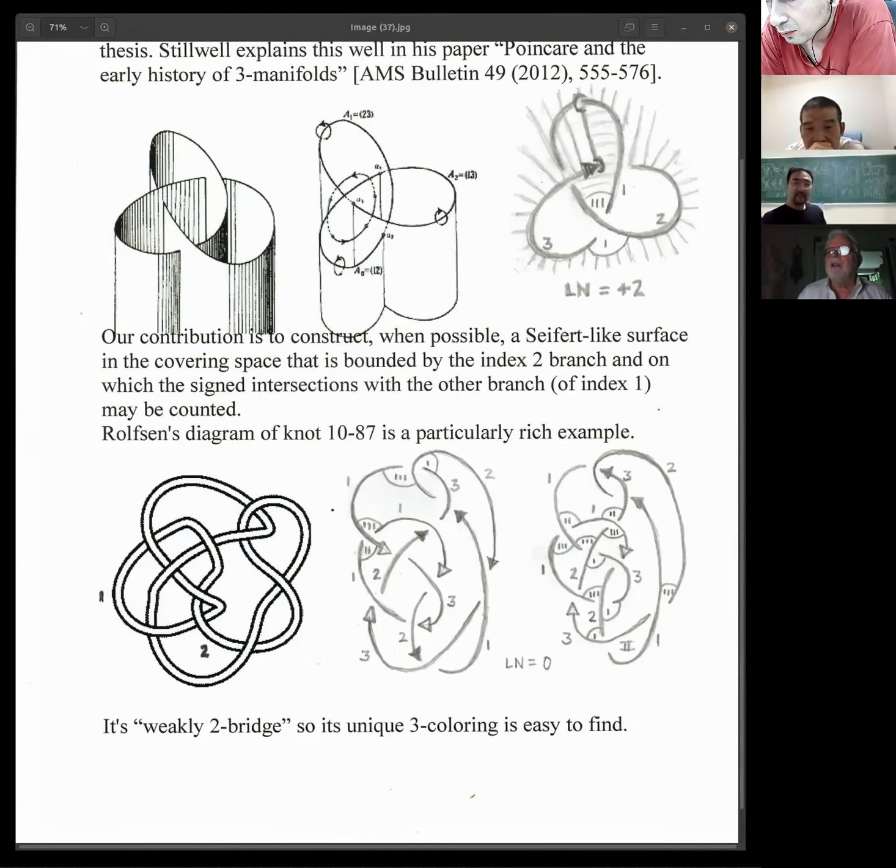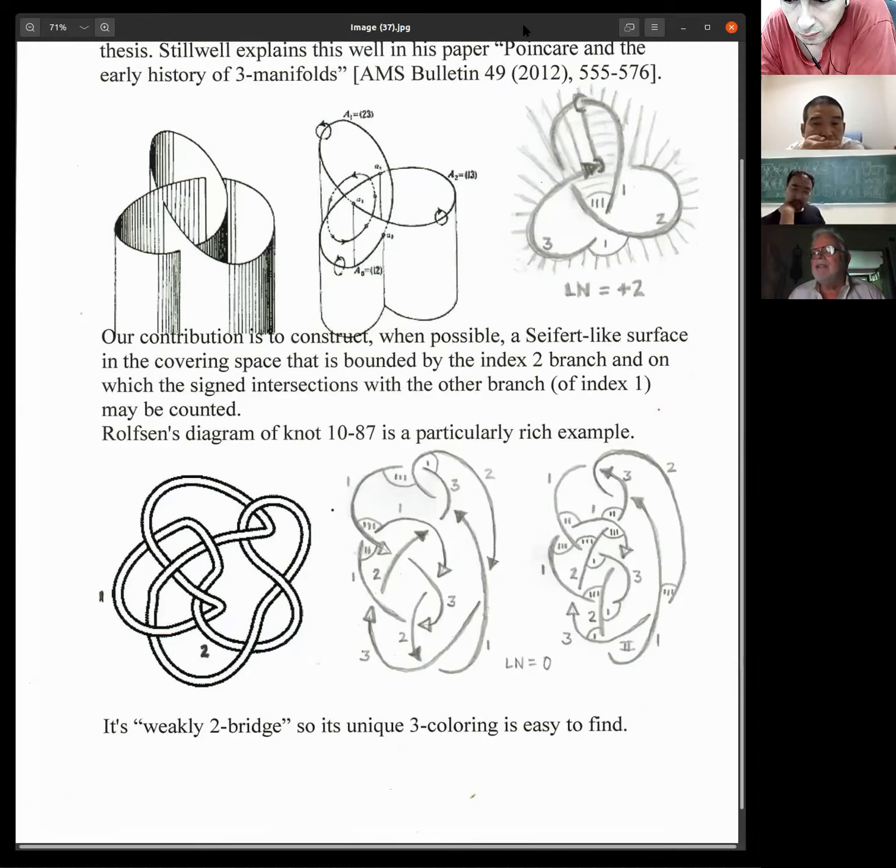The index 1 curve, for example, lives above the upper left segment in copy 1, and it lives above the upper right segment in copy 2. So you can actually follow where the index 1 curve goes in the covering space and see where it intersects these 3 disks, which are glued together along 2 twists to construct a co-boundary for the index 2 curve.